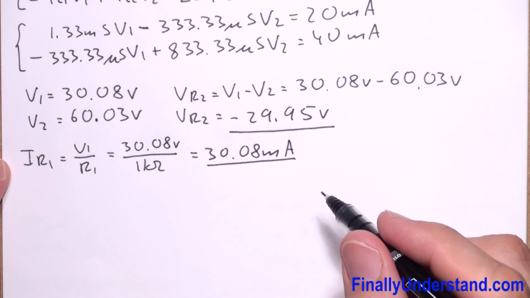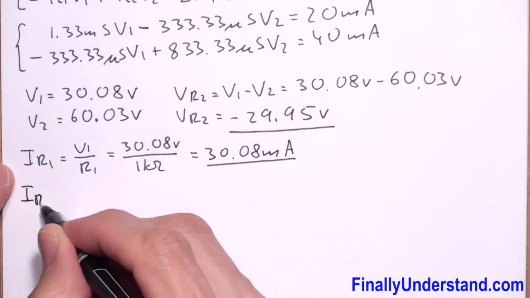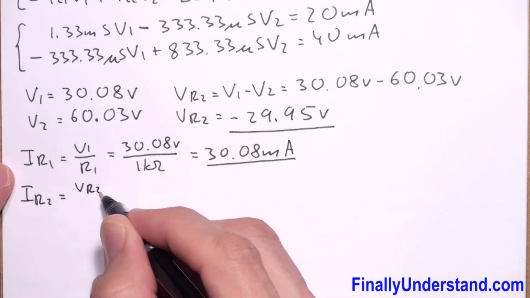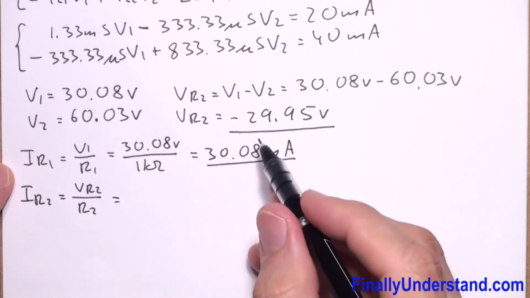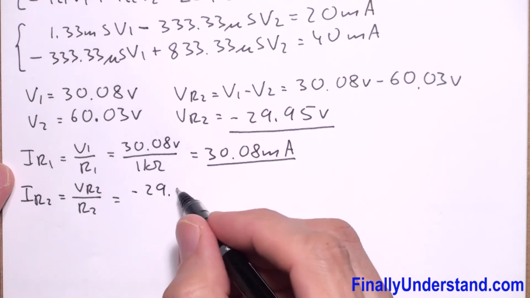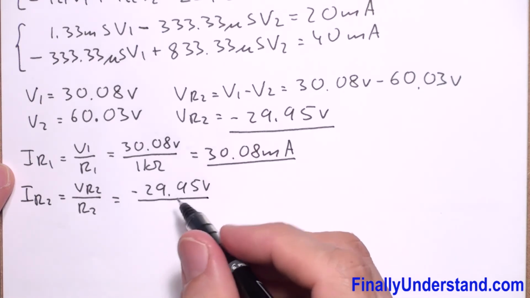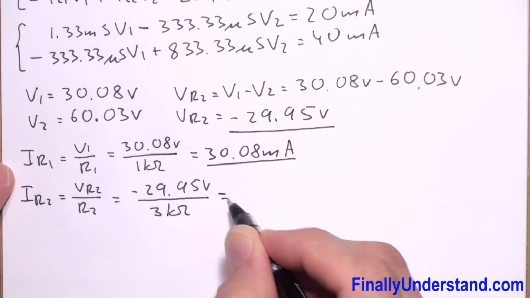Next, I'm supposed to find the current IR2. IR2 is voltage VR2 over R2. VR2 we found is equal negative 29.95 volts divided by 3 kiloohms.